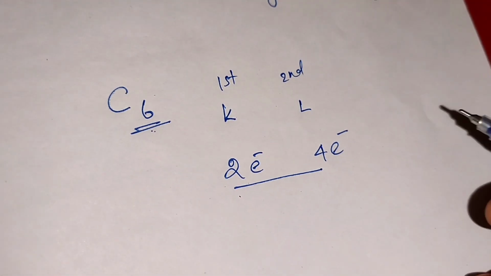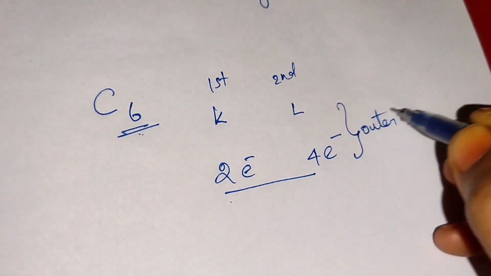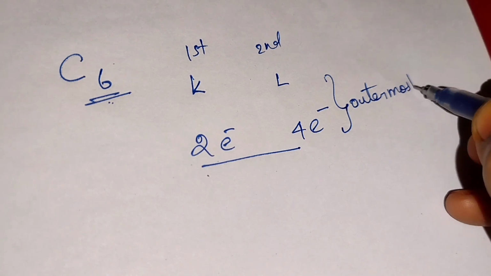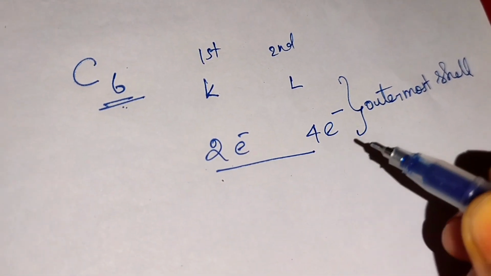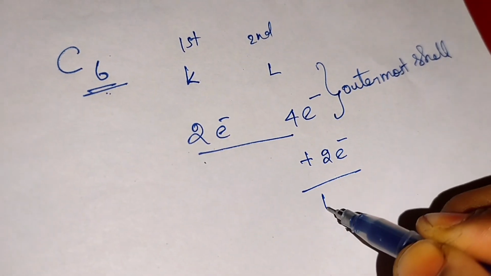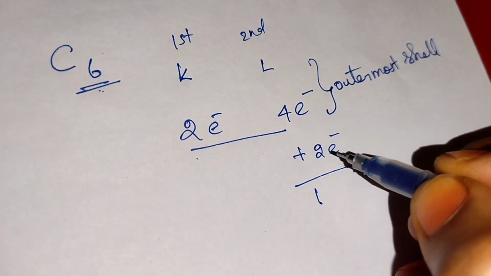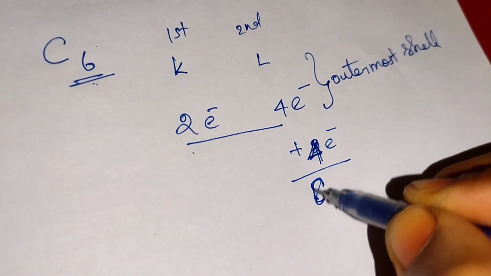This is the outermost shell. In this outermost shell, it contains totally 4 electrons. If we add 4 electrons here, then it will come to 8 electrons.